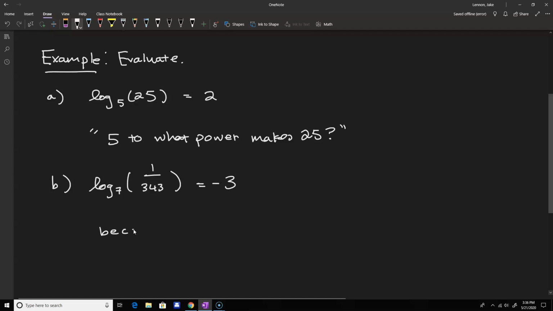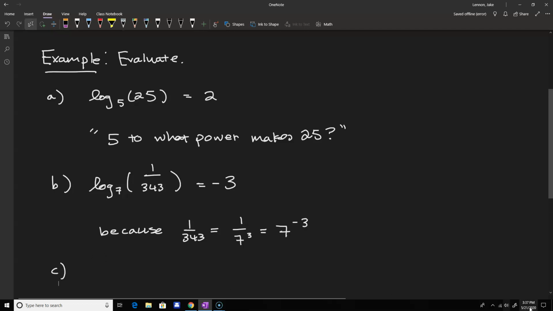And just to reason that out a little bit further, 1 over 343 is the same as 1 divided by 7 to the third, and that is the same as 7 to the -3 from our laws of exponents. So when you ask that question, 7 to what power makes 1 over 343, it should be now clear that that is -3.